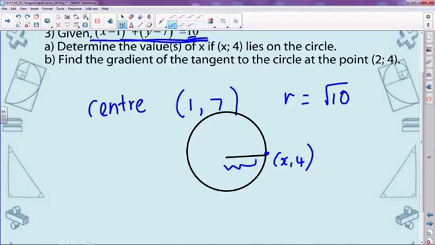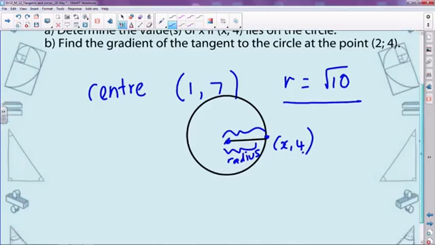That distance is called your radius. So if a point lies on the circle, then that length is always going to be equal to the length of the radius. So that's what we're going to use to help us work out the value of x.